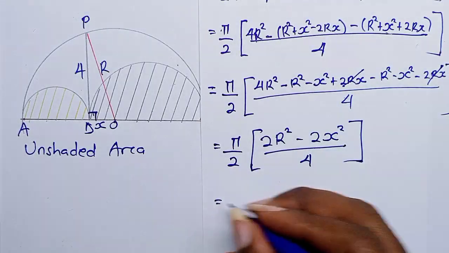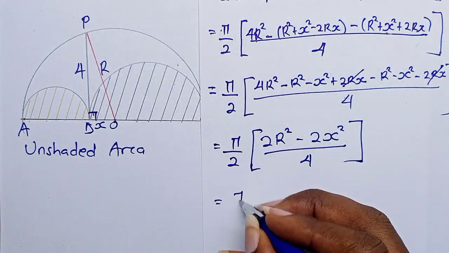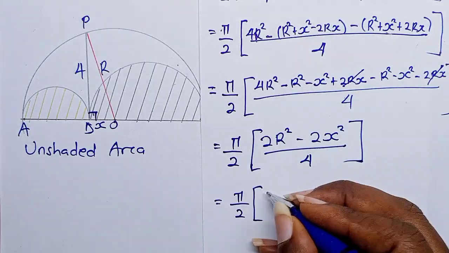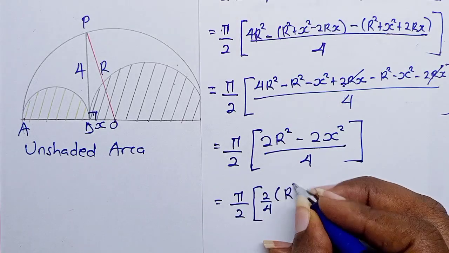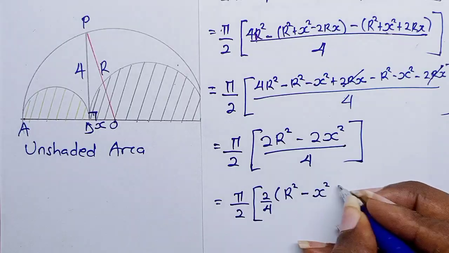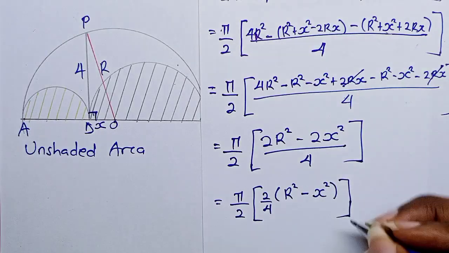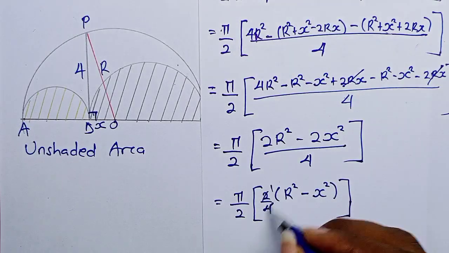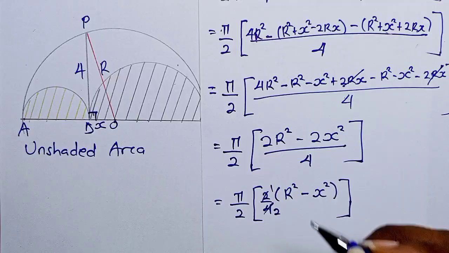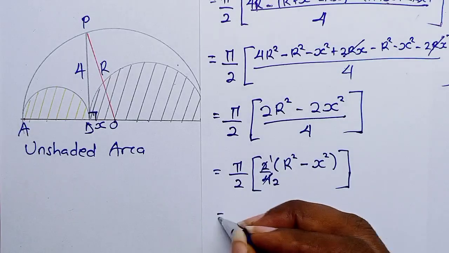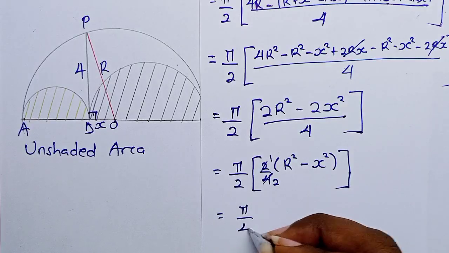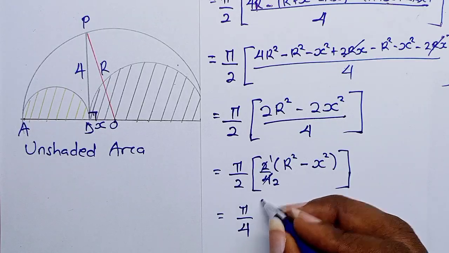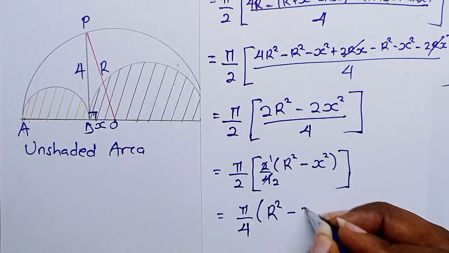Okay, so this is equal to pi over 2 into 2 over 4 into R squared minus X squared. So 2 cancels with 4, here we get a half. So this is equal to pi over 2 times 2, which is 4, into R squared minus X squared.